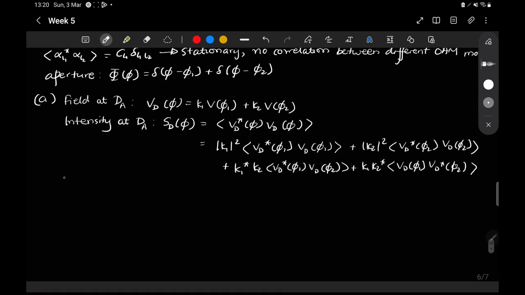So now let us look at the cross terms. This term is the cross spectral density function.